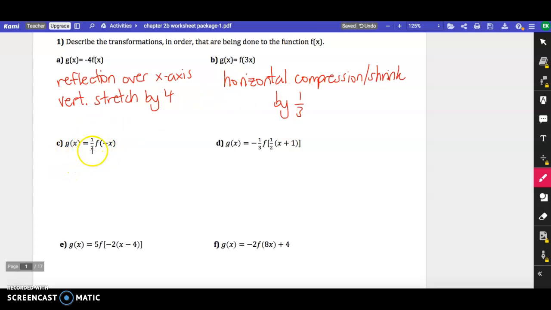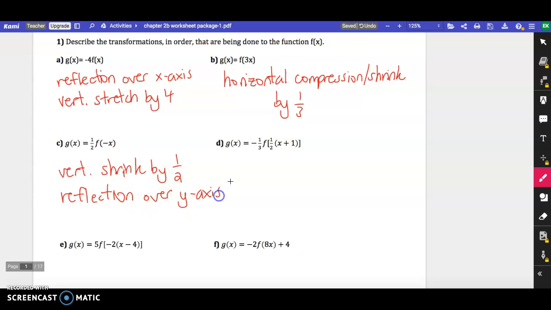This one I have a 1/2 out front outside, so that's a vertical shrink or compression by 1/2. And then it also has a negative inside, so that's a reflection over my y-axis.